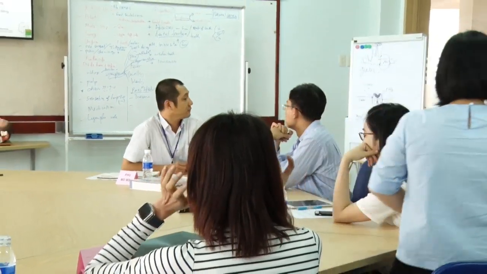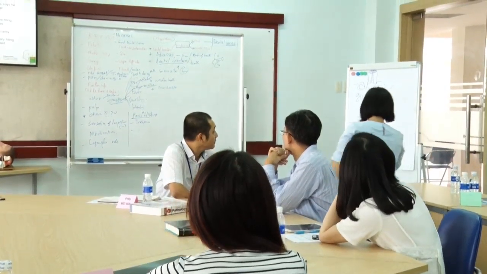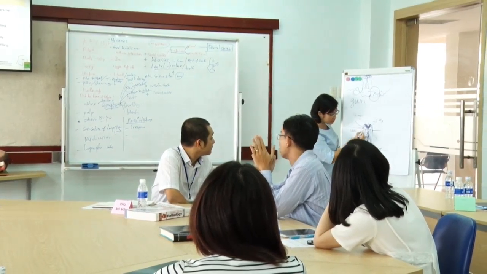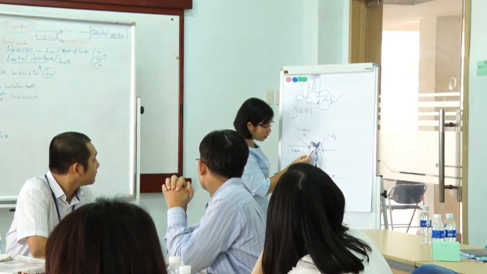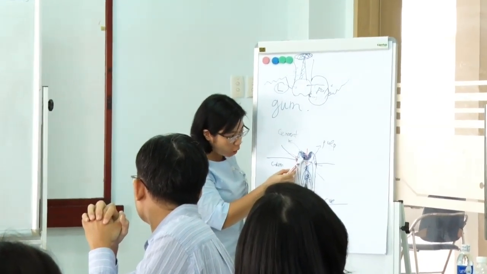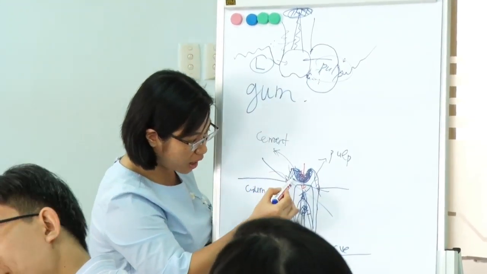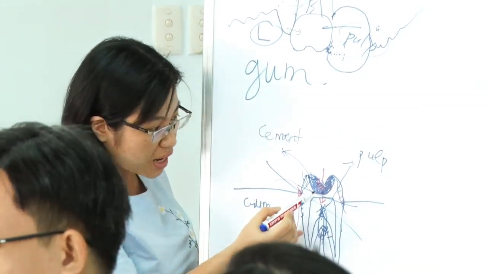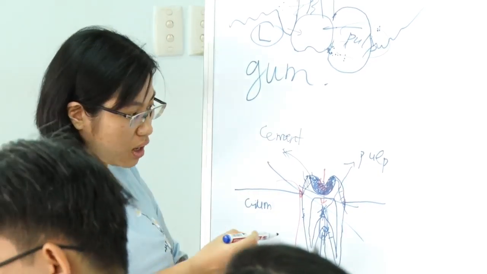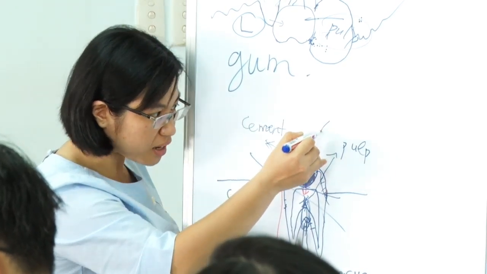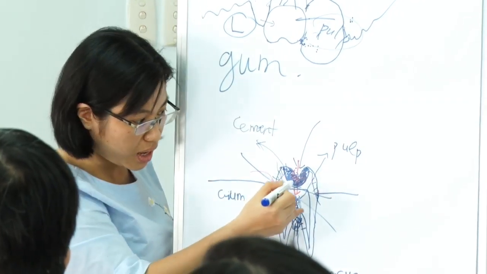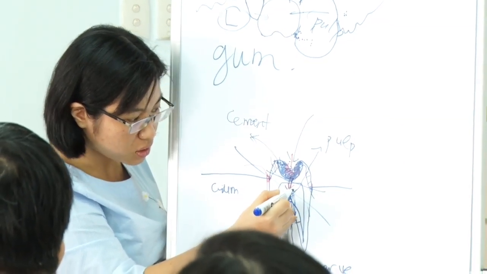Yes, I understand your idea. Yes, because I think if we draw the old filling, it can act as a trap on the top of the tooth, and if it is removed, it can affect the root.